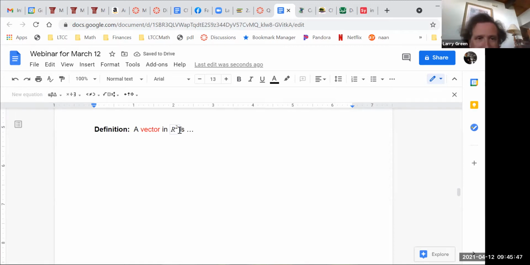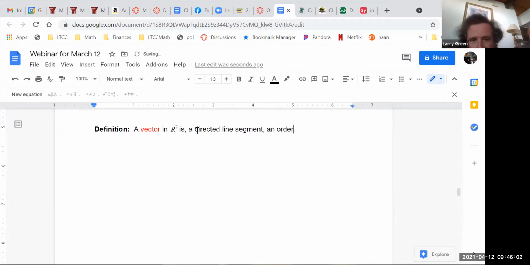A vector in R2 is, and there's a lot of ways of looking at it, a directed line segment, an ordered pair of 2 points, or a point in R2, or magnitude and direction.